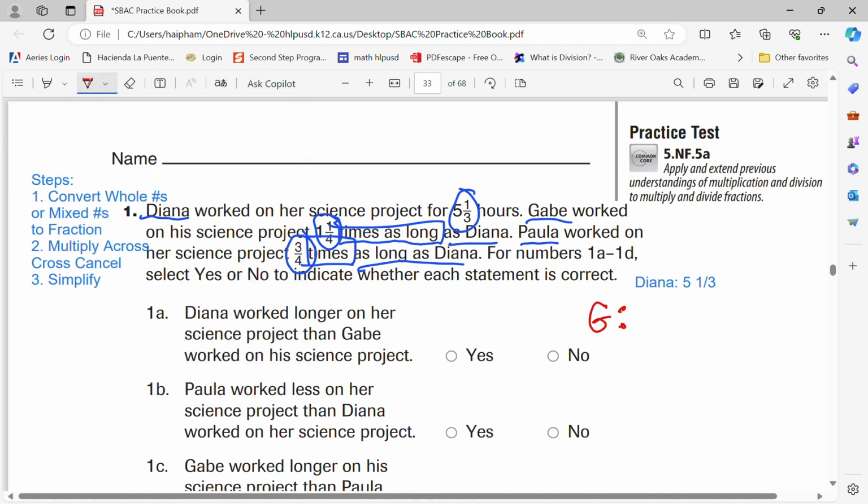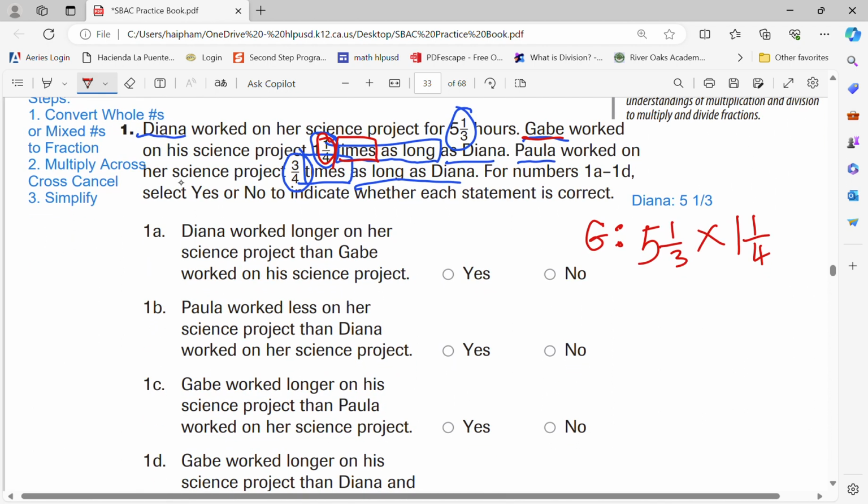Gabe worked 1 1/4 times as long as Diana. Since Diana worked for 5 1/3, we need to multiply that by 1 1/4 to determine how long Gabe worked. Step 1 is to convert your mixed numbers to improper fractions, and we have two mixed numbers here.